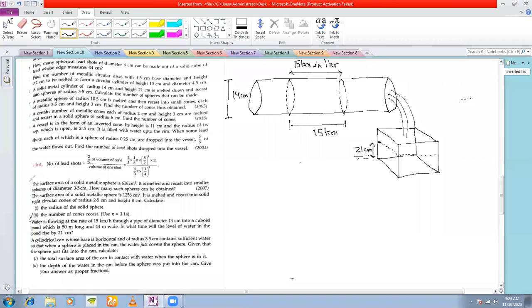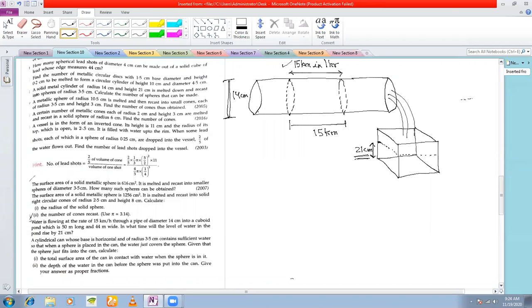First of all, I will calculate how much water is flowing through this pipe in 1 hour. If you see all the measurements, the measurements of the cuboidal pond and the diameter of this pipe are given in centimeters, but the speed of water is given in kilometers.